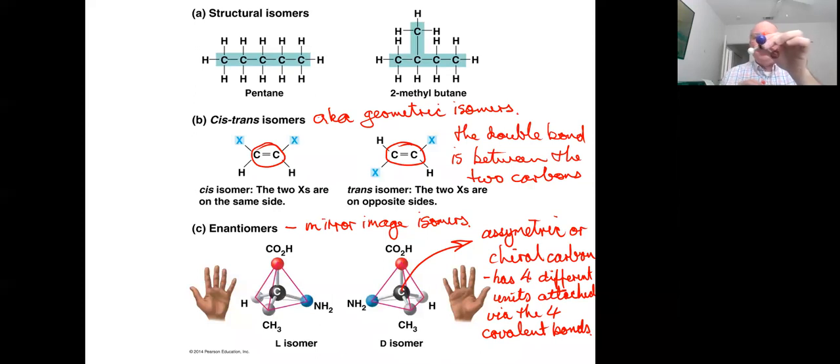This one does as well, but the arrangement of the 4 different things is different on the two molecules. Hence, the possibility of mirror image molecules or enantiomers. We used to use the designation L and D, L for left-handed, D for right-handed.